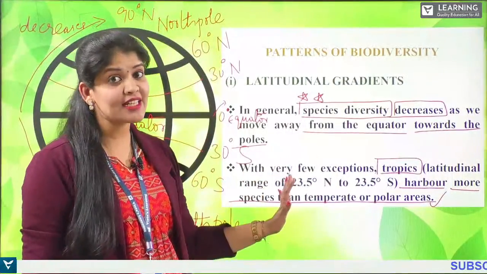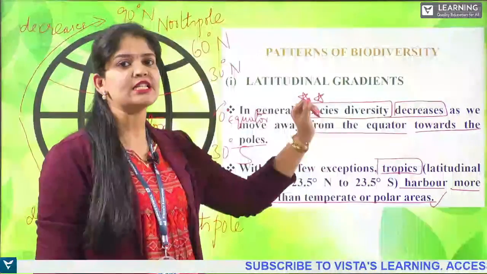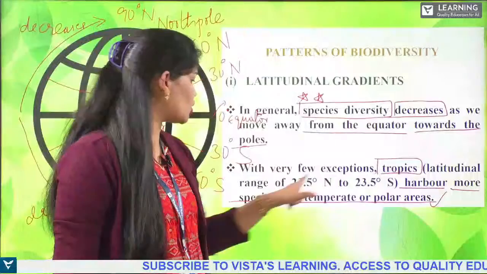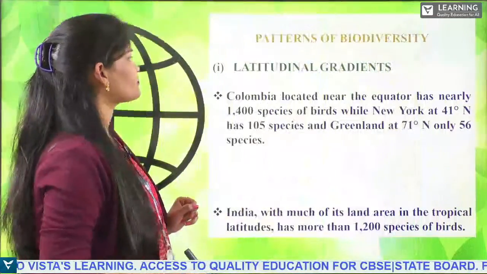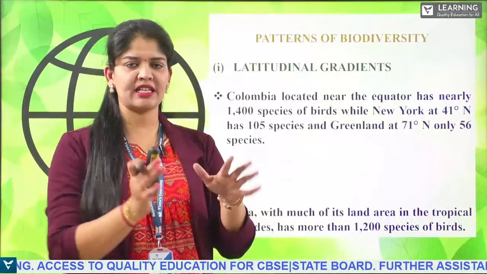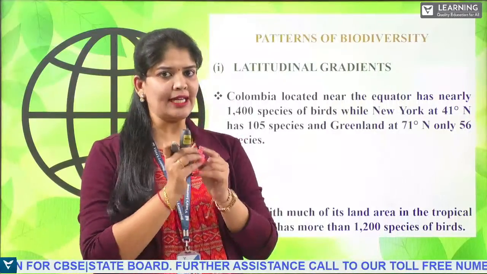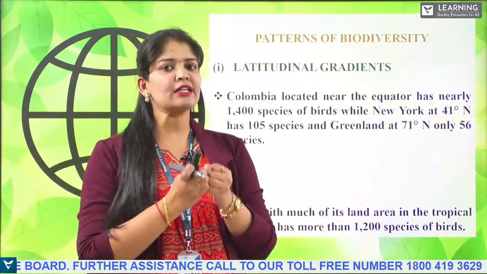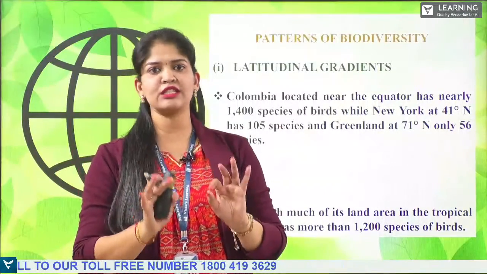This is what we already say, that the tropic regions will always have more species diversity when compared to the temperate areas, right? Now, the statement which is already clear is that species diversity is more at the equator. If we start moving from the equator towards either of the poles, there is a decrease in the species diversity.